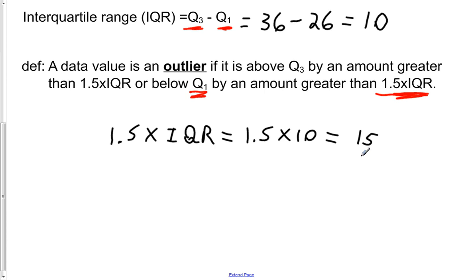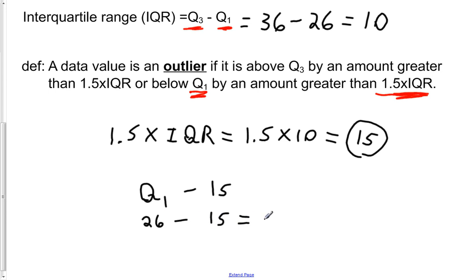So basically, a number is an outlier if it is smaller than Q1 minus 15. Q1 is 26, and 26 minus 15 is 11. So any number in that data set smaller than 11 is an outlier. So 11 is the lower bound.